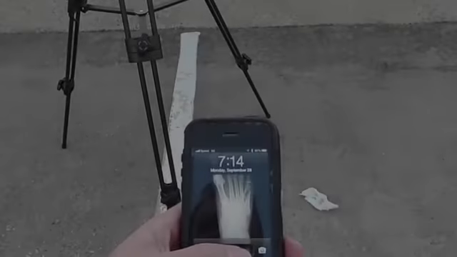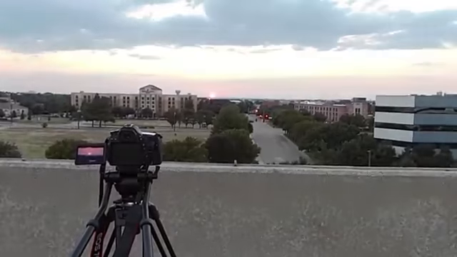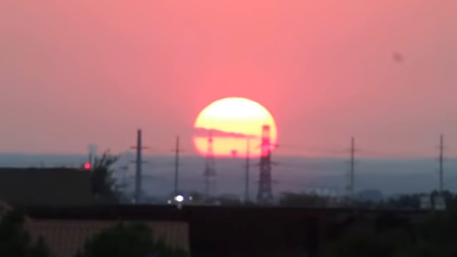Today is Monday, September 28th, about 7:15, and that's about the time the sun sets around here. Sun's setting out there in the west. Let's punch up my compass app and see here.